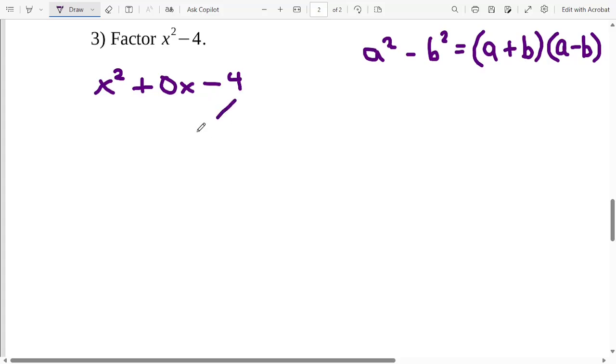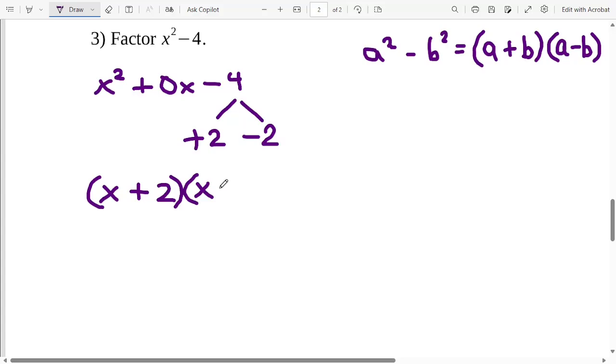And those two numbers would be positive 2 and negative 2. So positive 2 times negative 2 gives us a negative 4. And if we add these two, we get 0. So I would just write this in factored form as x plus 2 times x minus 2.